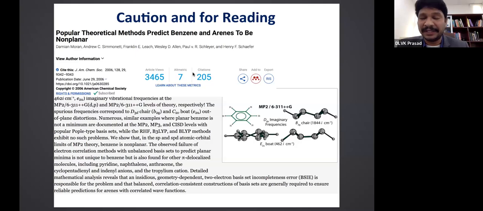If you pick up some of the methods, we all know benzene is a hexagonal ring, but if you are not careful in picking up the right choices for right reasons, popular theoretical methods, for example, benzene, if you want to compute the geometries of the benzene, the energetics of the benzene, the reaction dynamics of the benzene, MP2, and the basis set, which would be explained to you during the practicals, you would get a wrong result. So you have to be very careful in choosing the right methods and always compare with experimental values if they are available.